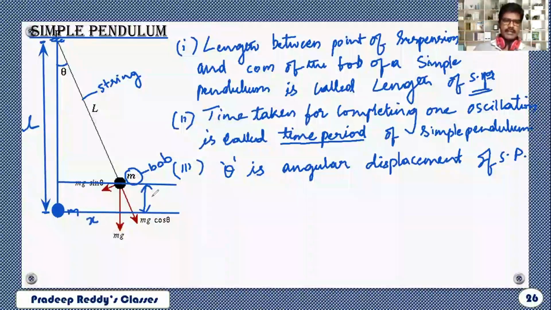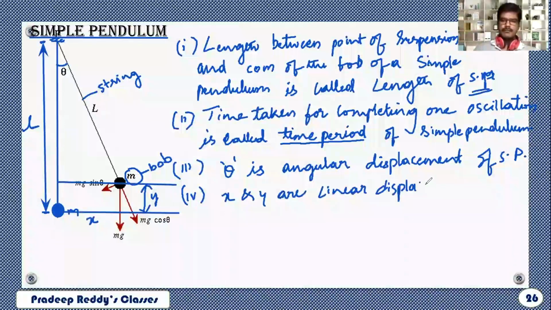This is x and this is y. x and y are linear displacements of the simple pendulum along the x and y axis.